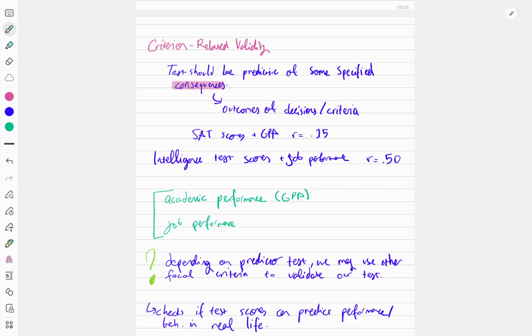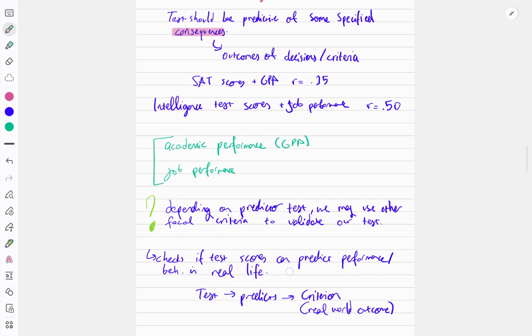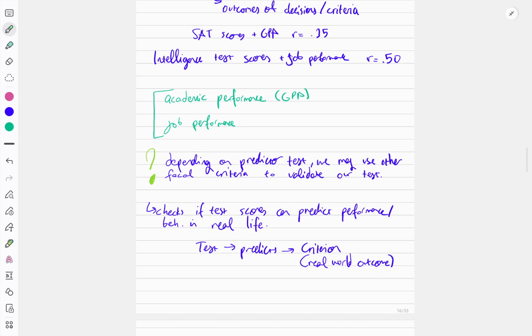When we are doing this, we need to apply criterion related validity to make sure that what we measure is accurate. In criterion related validity, depending on the predictor test, we may use other focal criteria to validate our test.